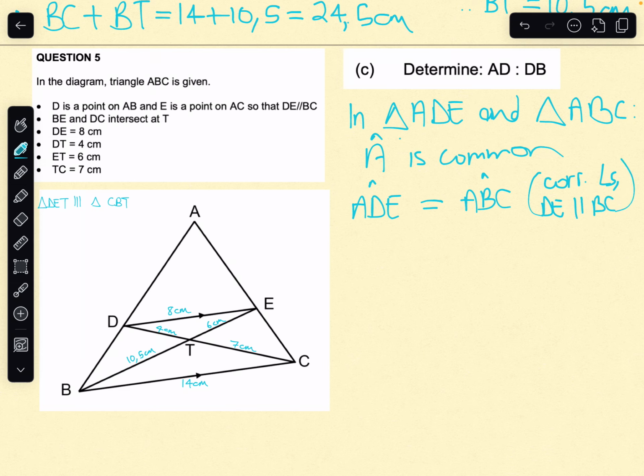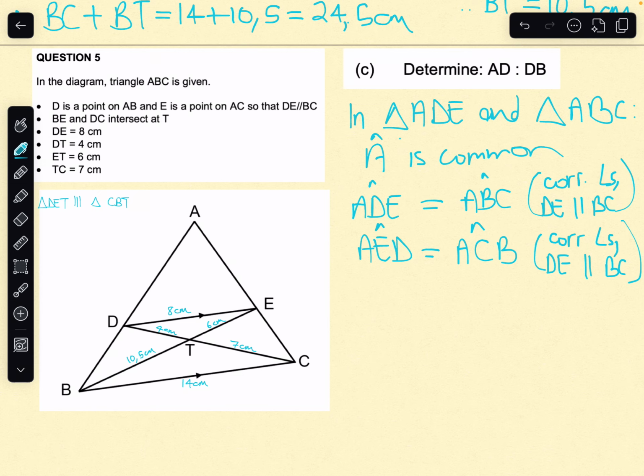And then this angle AED is equal to this angle, which you can just call C. Actually, it's not an ambiguous angle, but anyway, ACB are equal because they are also corresponding angles on parallel lines.